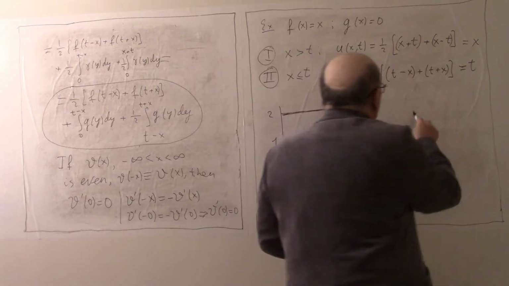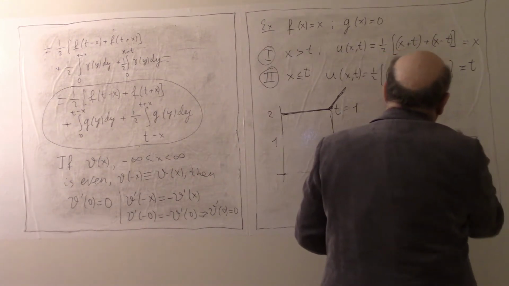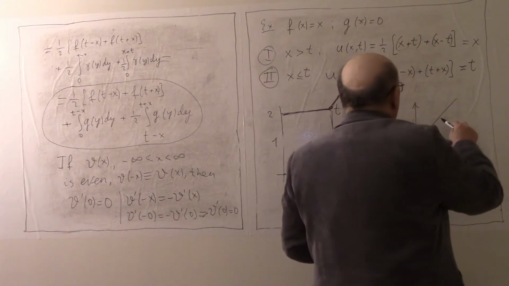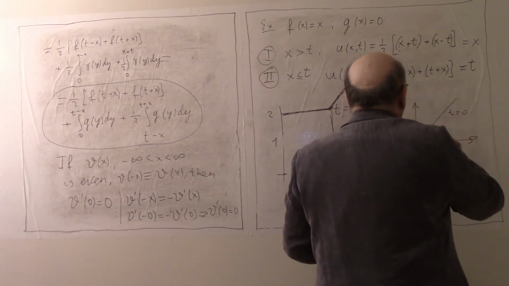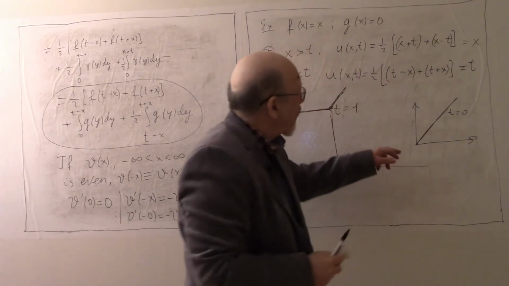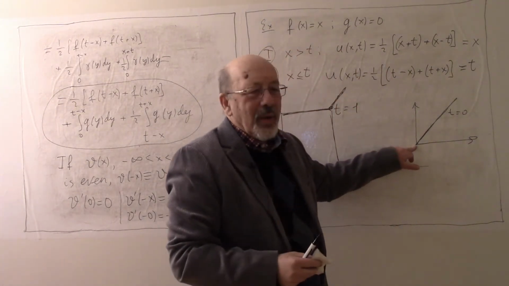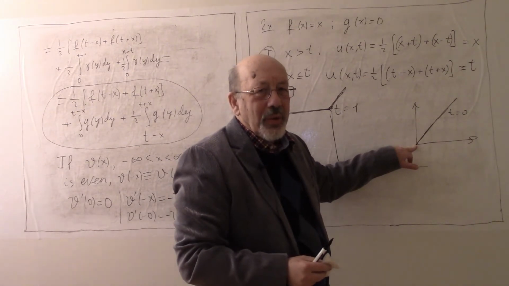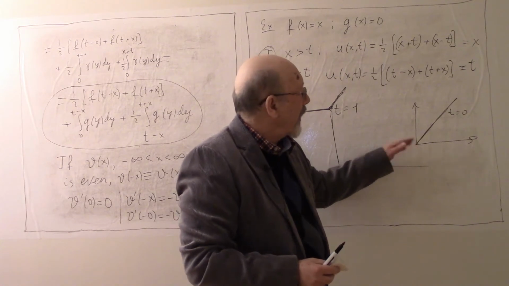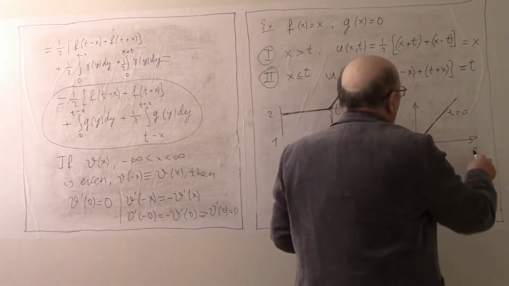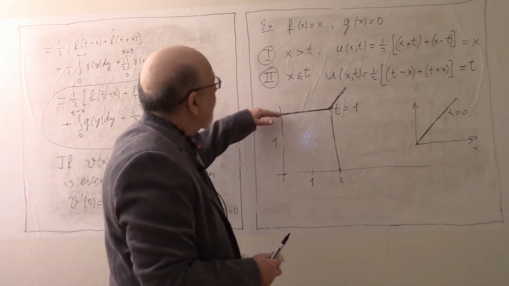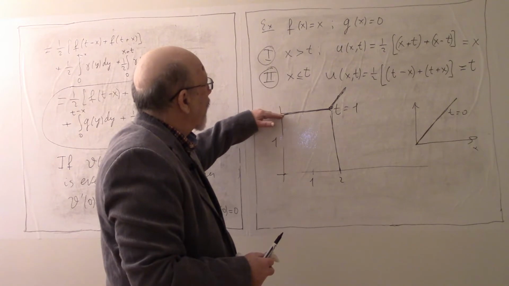Now if you consider this initial function, this is t equals 0. You can see that this function does not satisfy the Neumann condition. Its x derivative at 0 is 1, it's not 0. But then instantly it becomes 0.